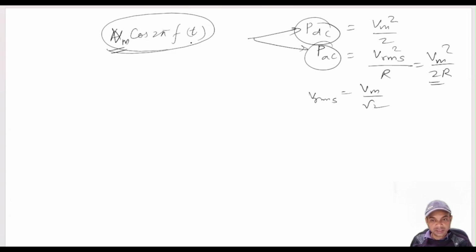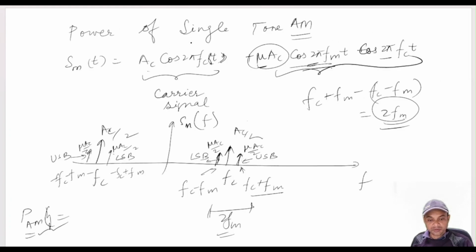Clear? Then without going into the detail of this one, we can just calculate the power from this expression also. I will come back to this graph later, how we are calculating the power, by adding all the power of these three components plus these three components, the total power.